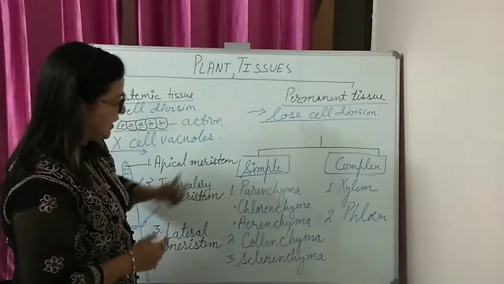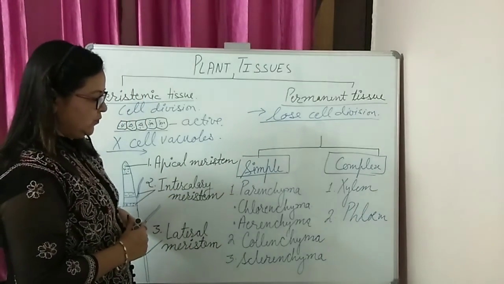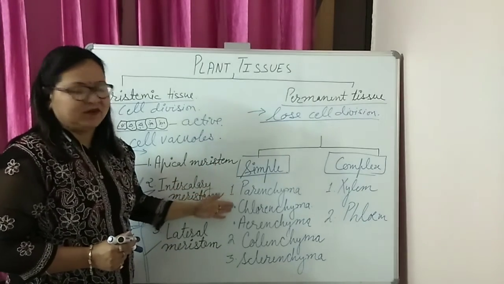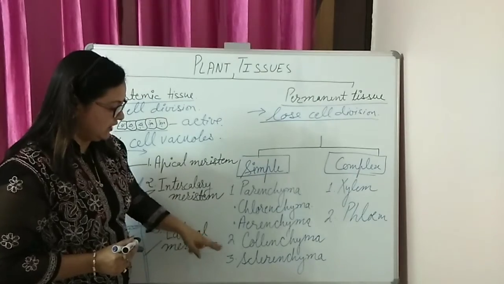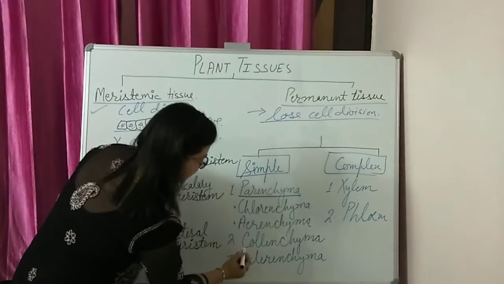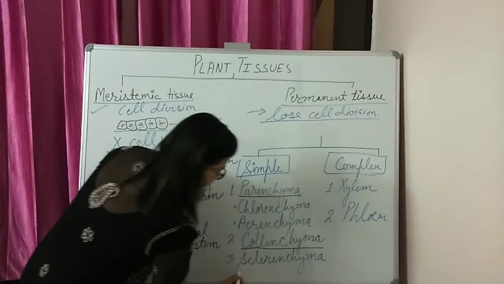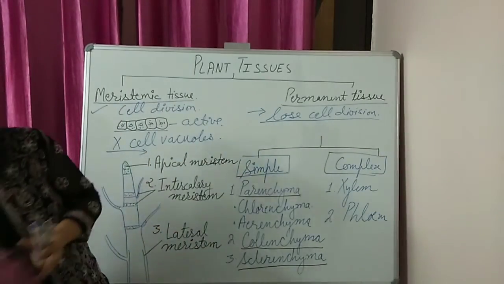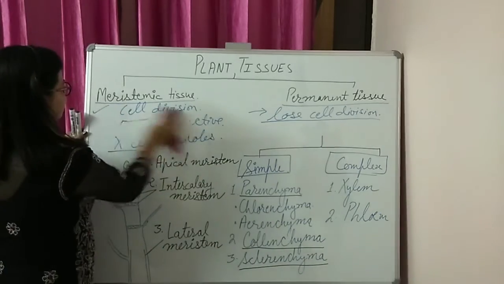First, I will explain simple permanent tissue. According to their structure and function, it is of broadly three types: parenchyma, collenchyma and sclerenchyma. Now we will discuss all three tissues one by one.